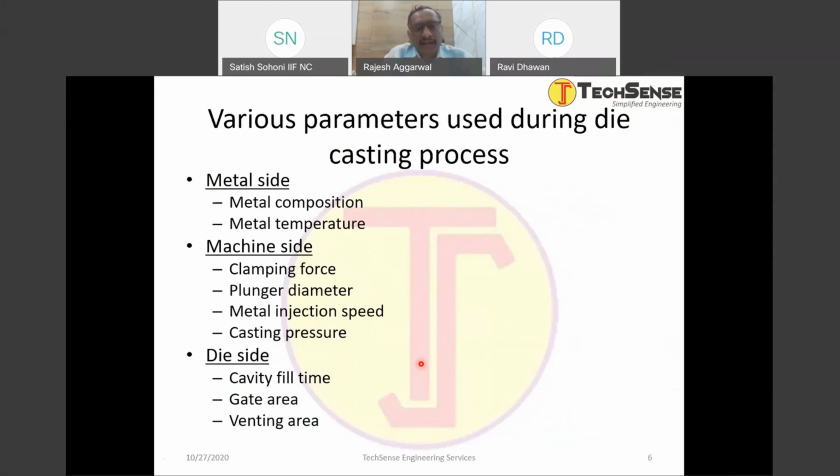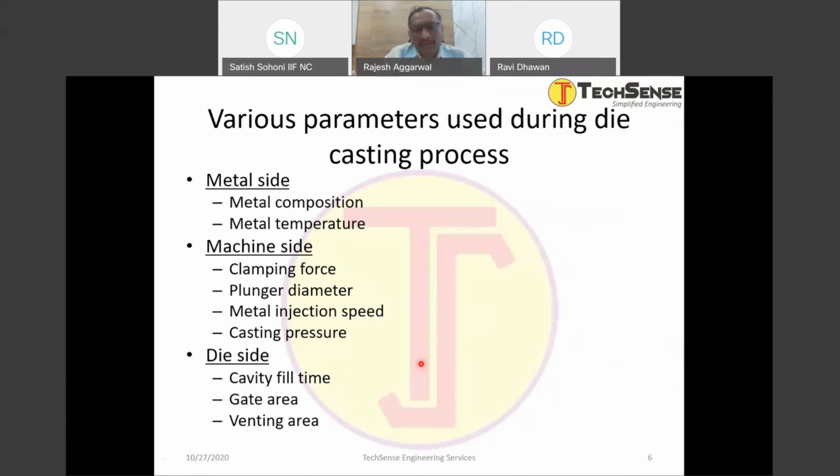On the machine side, we have the die clamping force, the plunger diameter, the metal injection speed, and the casting pressure. And there are a few more variables which go along with the variables I have mentioned. On the die side, we have the cavity fill time, the gate area, and the venting area.